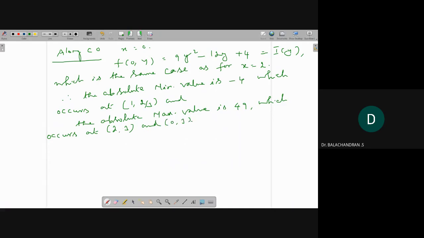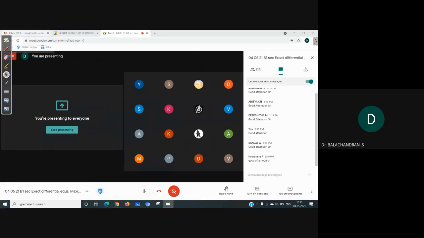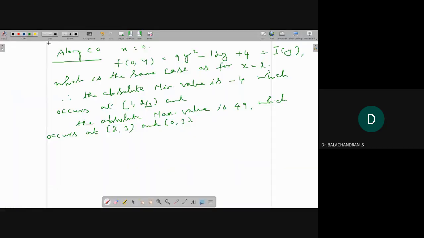So I think now time is up. I will give the problem a try, so try it as a practice problem.